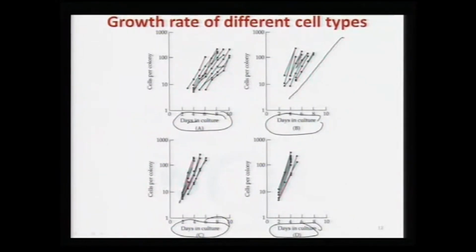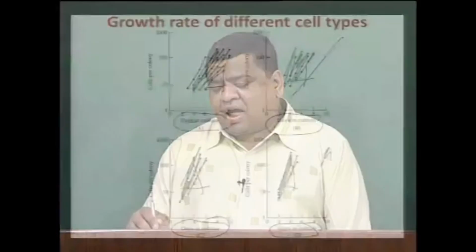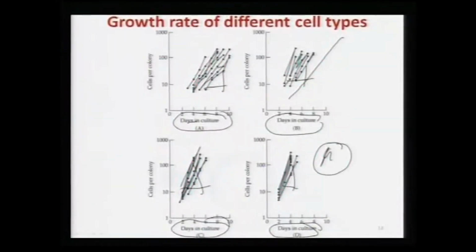But however, the slopes are different. Okay. So, the slopes are different means their growth rate is also different. That means that mu value is different for all 4 different cell lines.